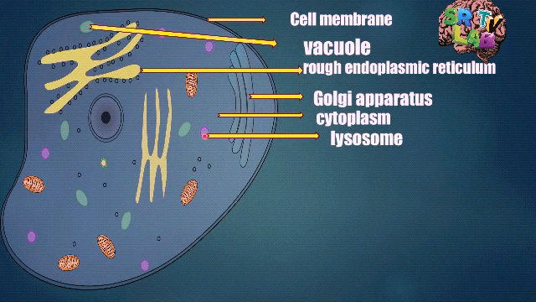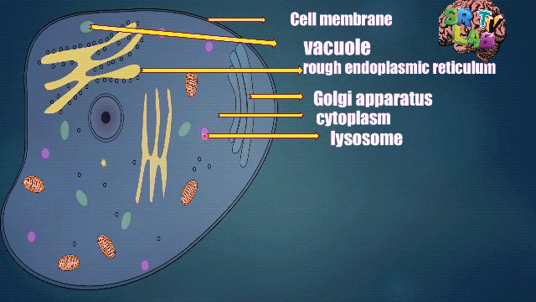So you understand how important the lysosome is. If it is not there, imagine bacteria and viruses would kill all human beings. Another important function of the lysosome is what we call apoptosis, or programmed cell death. So the lysosome is one of the key organelles inside the cell.